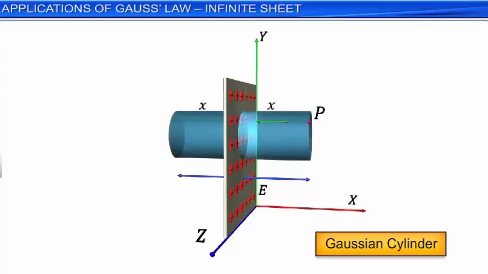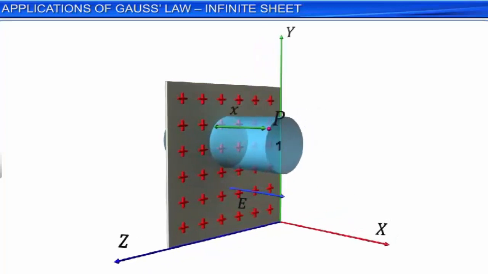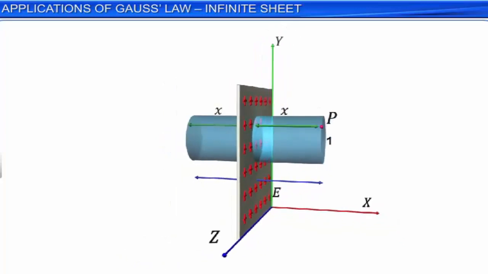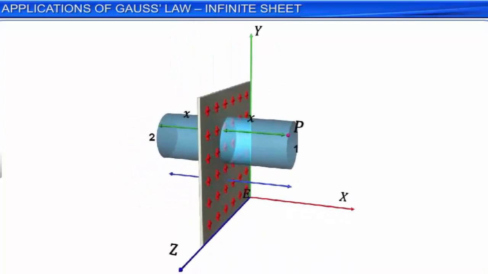Let the plane circular faces of the cylinder be marked as 1 and 2, and the curved surface of the cylinder be 3.